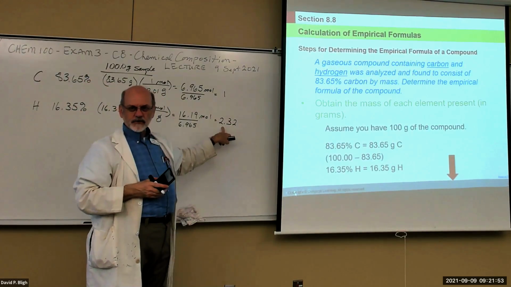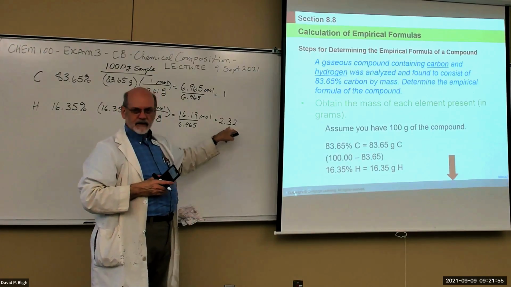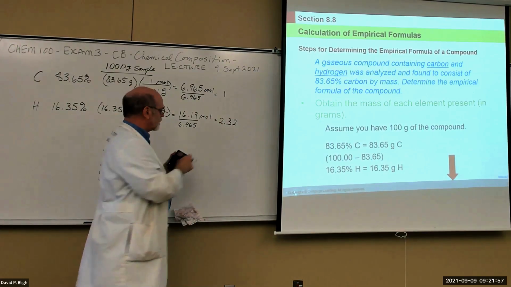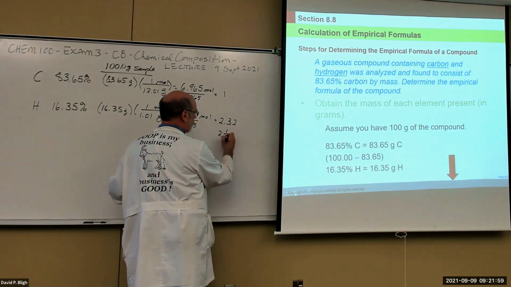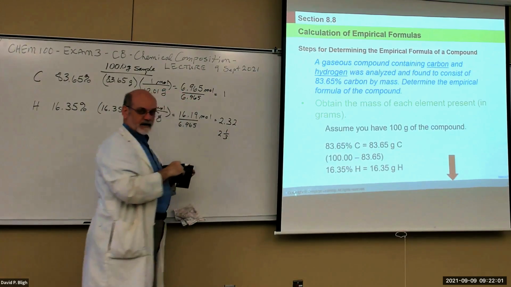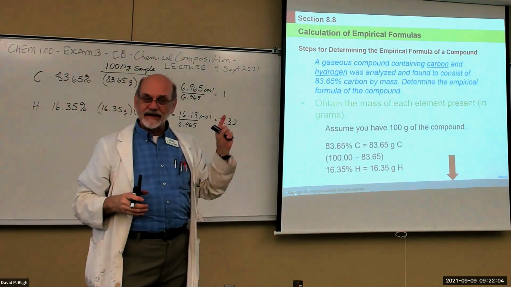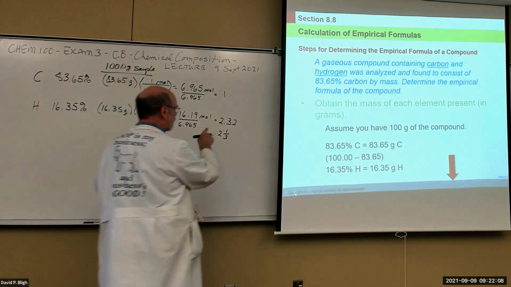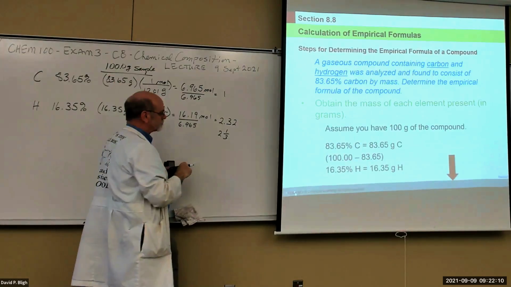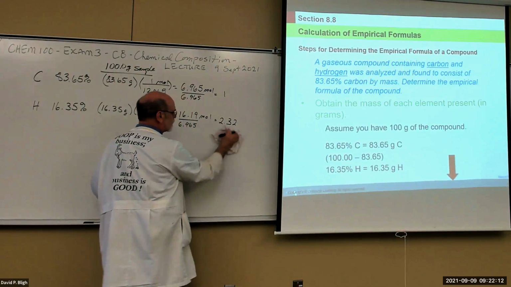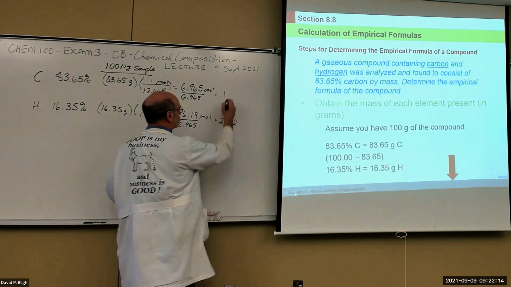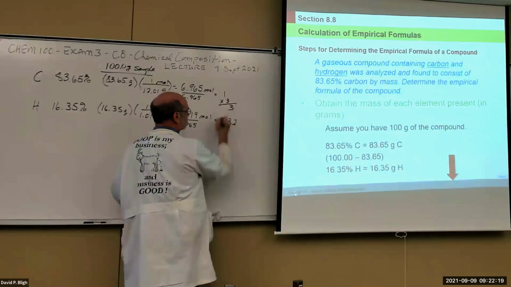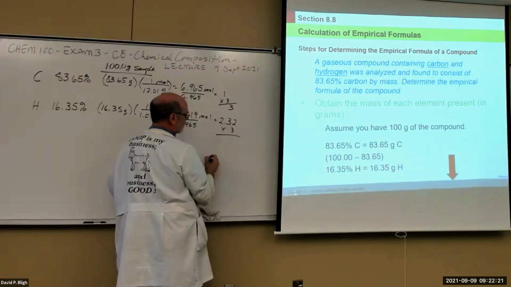One of them is a whole number now. This one is very close to a third right here. So how do you get rid of a third? Say this is like 2 1/3. You get rid of the third by multiplying that number by 3. If you multiply by 3, you get rid of the third. So if we say 3 times both of them, and that gives us 7 to the nearest whole number.